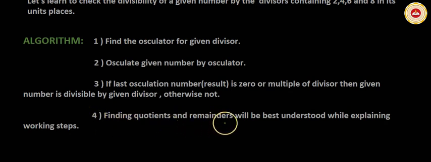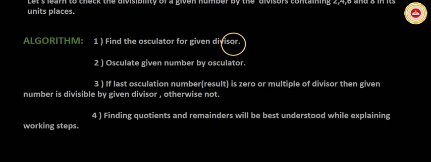Finding quotients and remainders will be best understood while explaining the working steps. To find quotient and remainder is extremely easy, but it is best understood while the working steps are being explained. Let us first learn how to calculate the osculator for the divisors containing 2, 4, 6 and 8 in the units places.